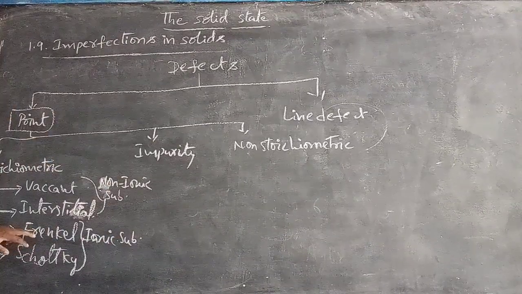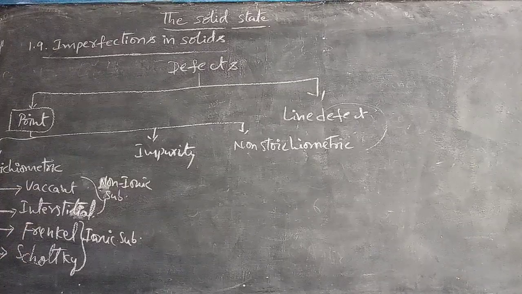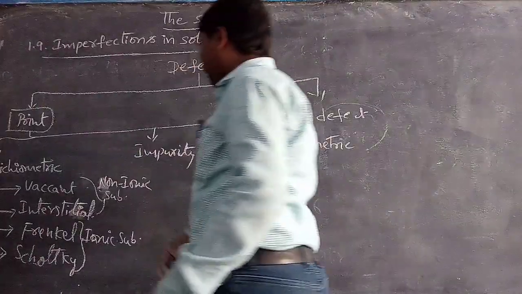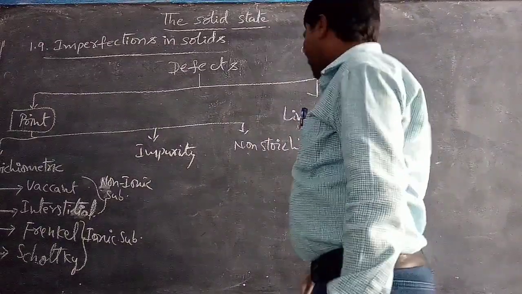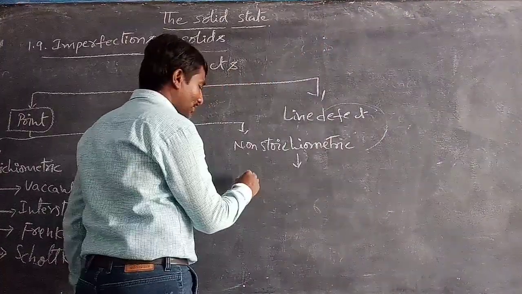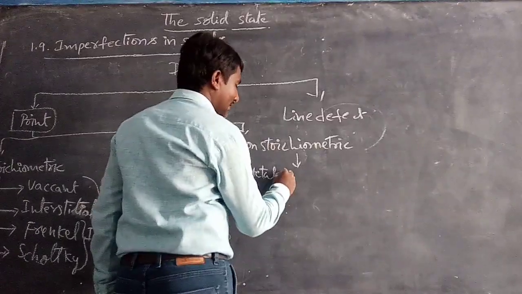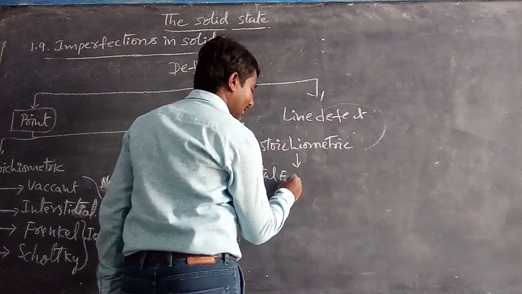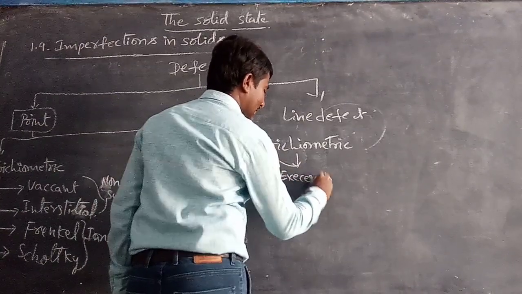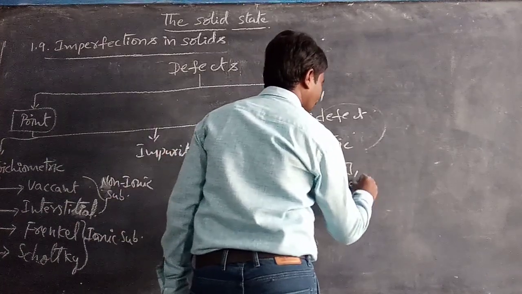Then Frenkel will show this one. This shows only vacancy defects, and another one is impurity defect. Then non-stoichiometric defect has two types: metal excess and metal deficiency.